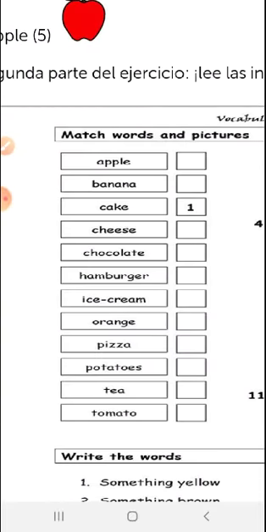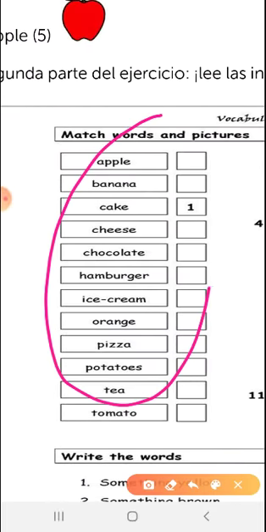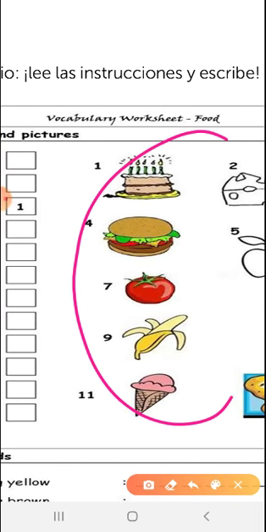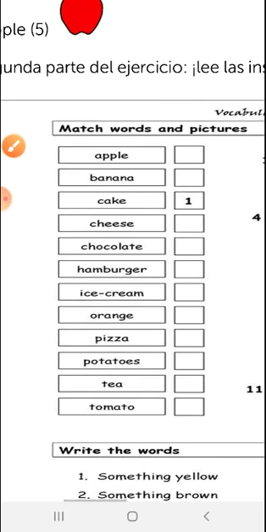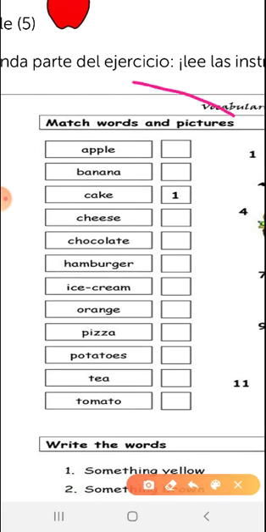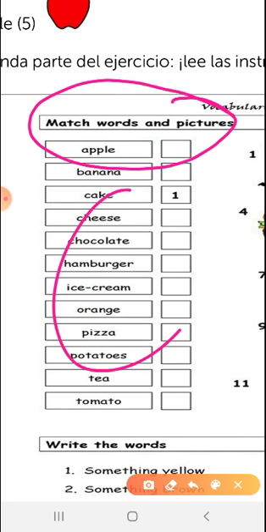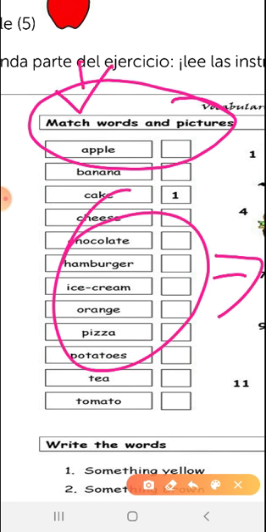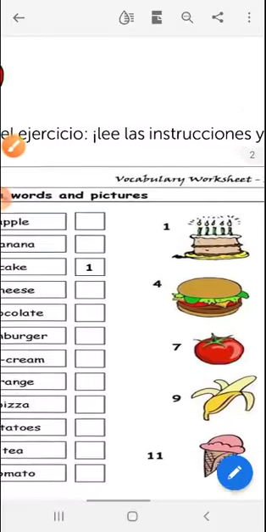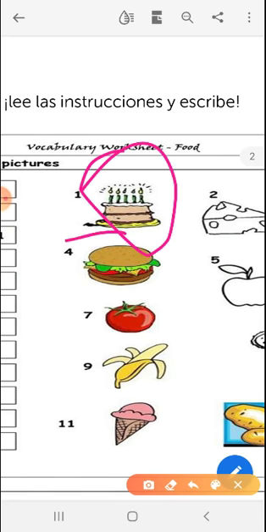And what are the words related to food? Estas son las palabras relacionadas con la comida, okay? The idea is that you have to match these pictures with these words, yes? Match, pay attention to this word, match, words, and pictures. Match, combinar, juntar o saber distinguir cuál de estas pictures pertenece a las palabras que están en ese lado.